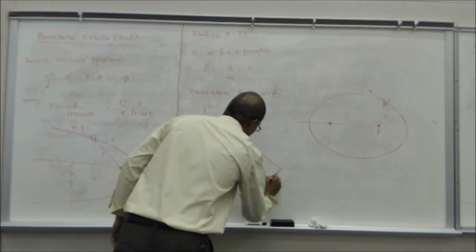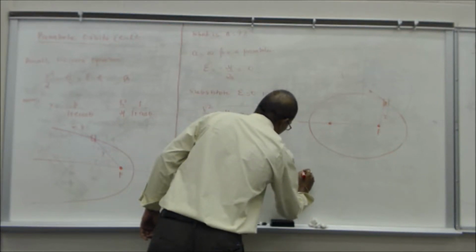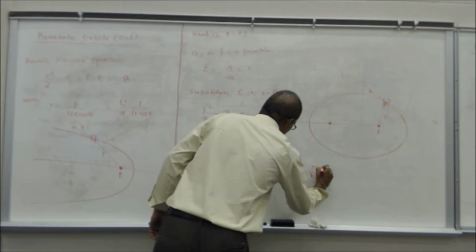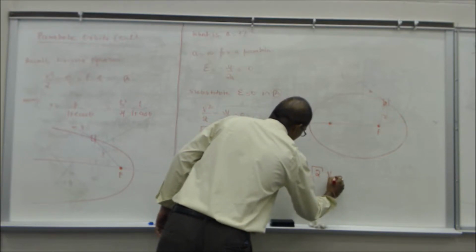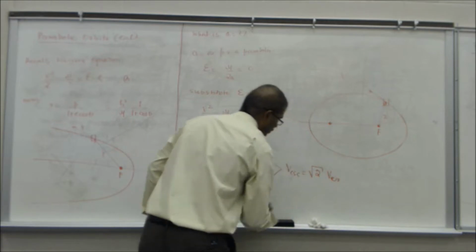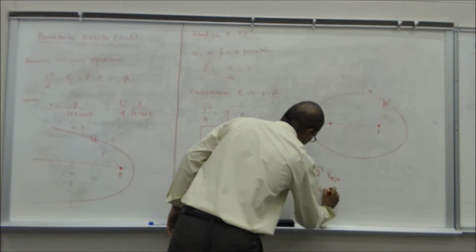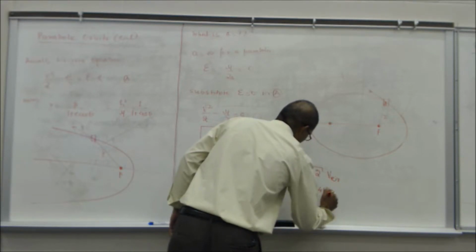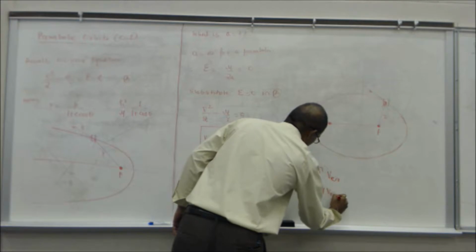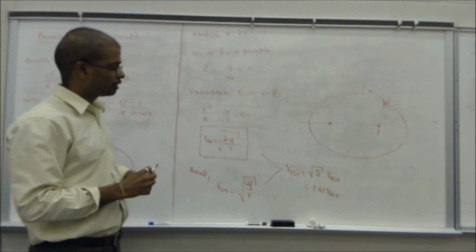So you combine these two, they say V escape is equal to root of 2 times V circular, or 1.41 times V circular. So you can get it.